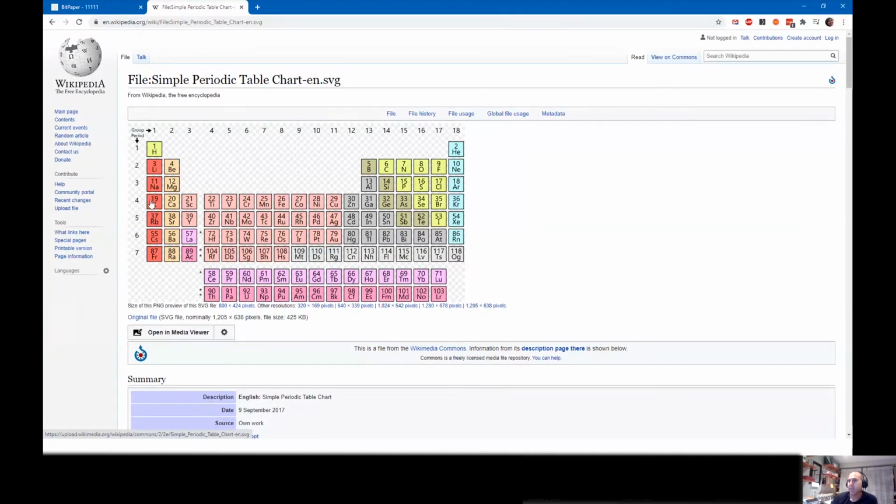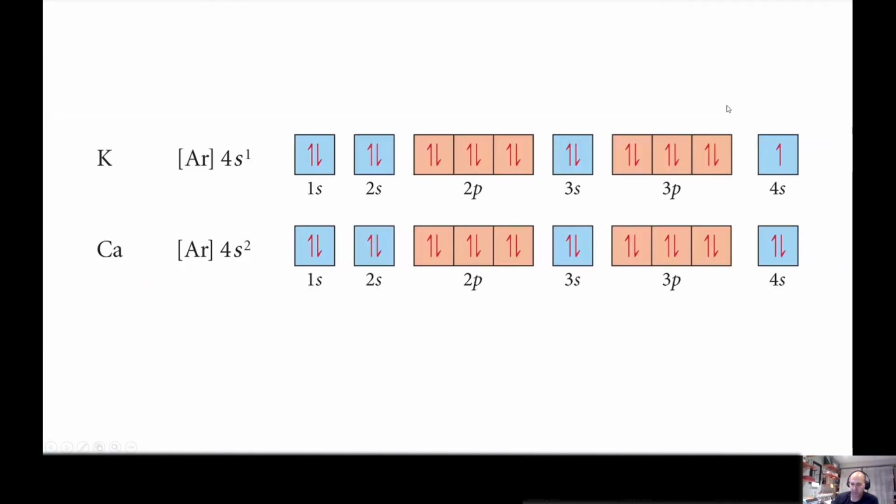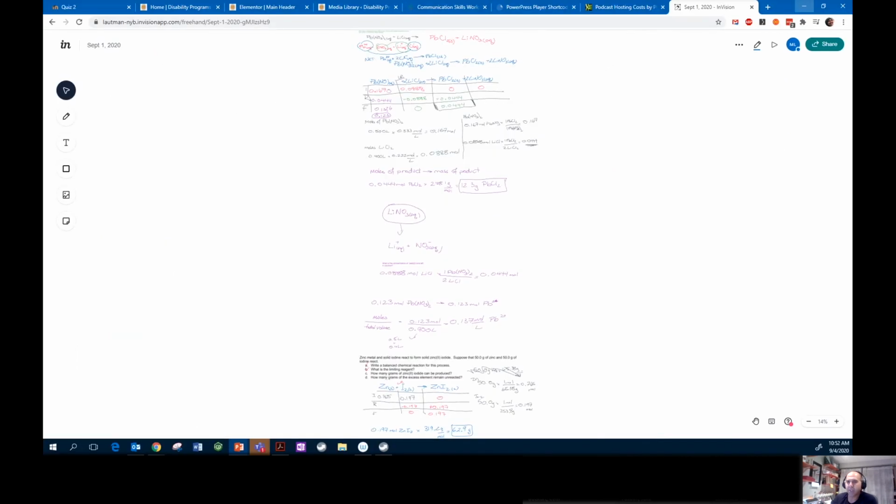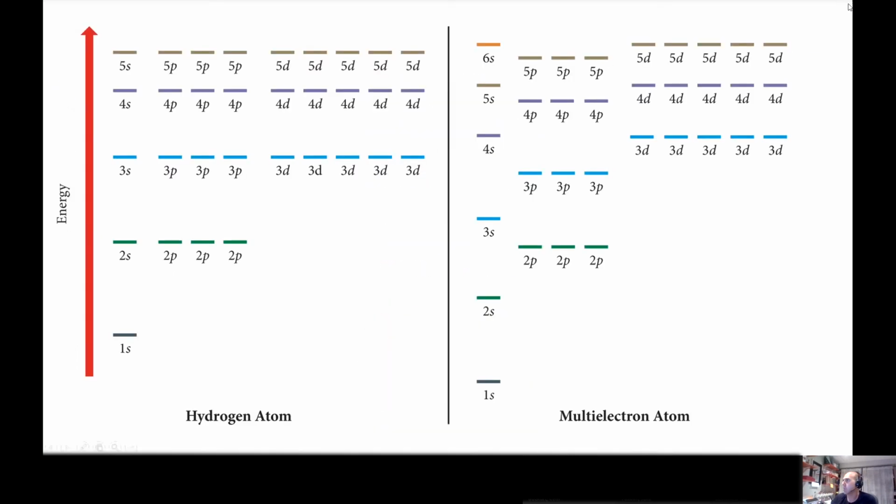So for example, when we get to argon, its 3p orbital is full, and the natural tendency is to think that the next available orbital would be the 3d orbital.